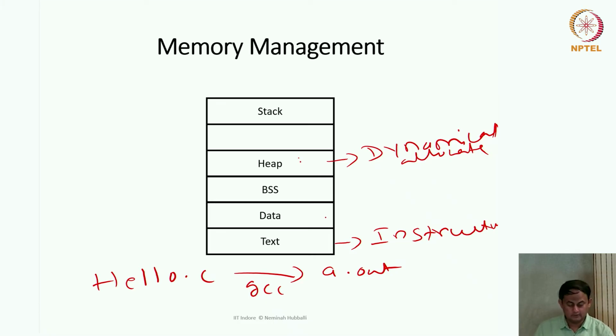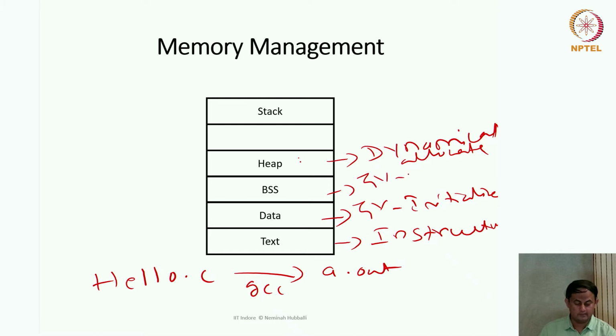And if there are global variables which are initialized, those go into the data section. If there are global variables which are not initialized, uninitialized, those go into the .bss section.